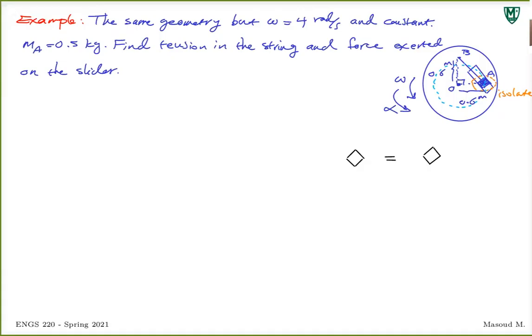Once you start rotating with omega, remember this normal acceleration you get is r omega squared. This is the acceleration that gives the object a tendency to run away from the center of rotation, right?